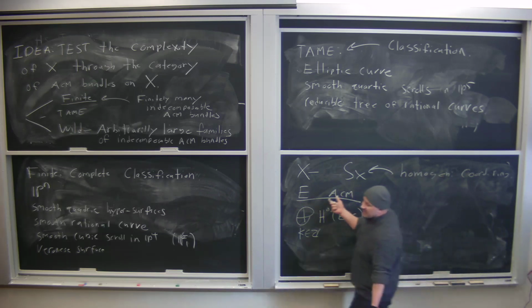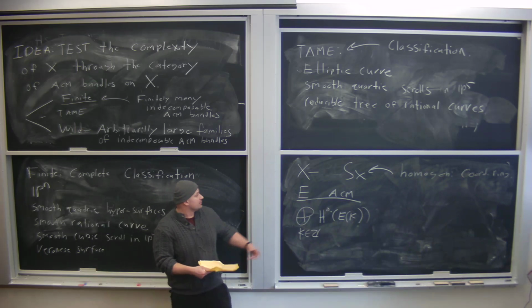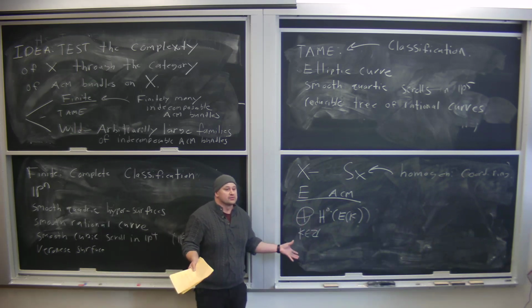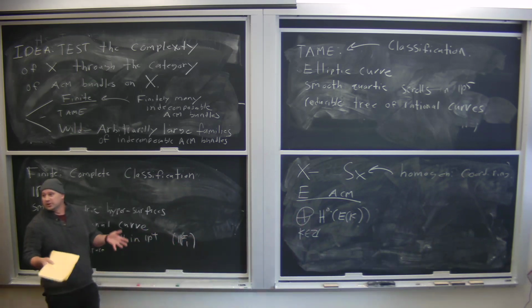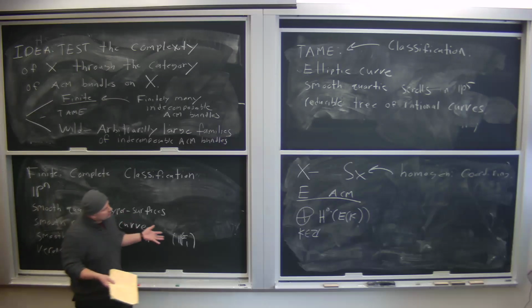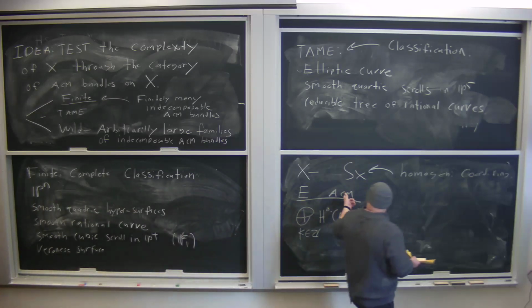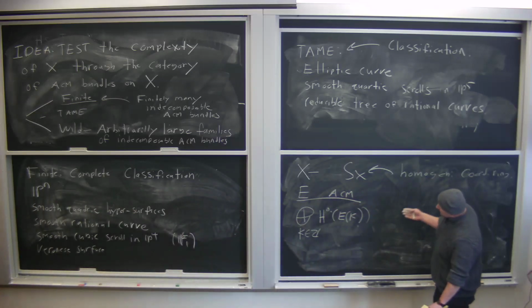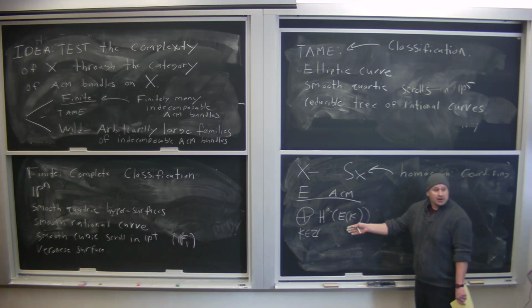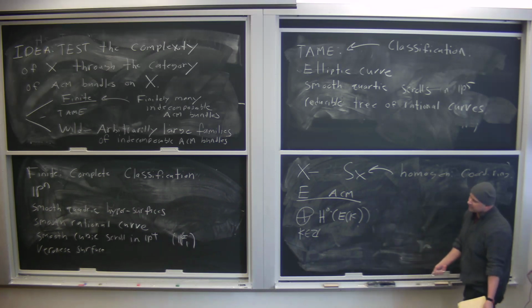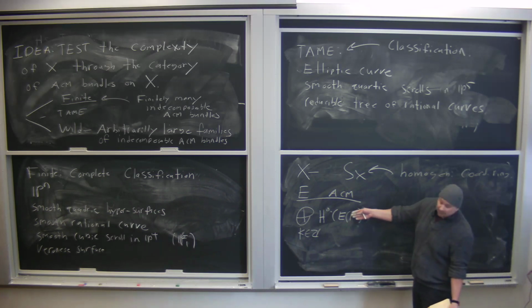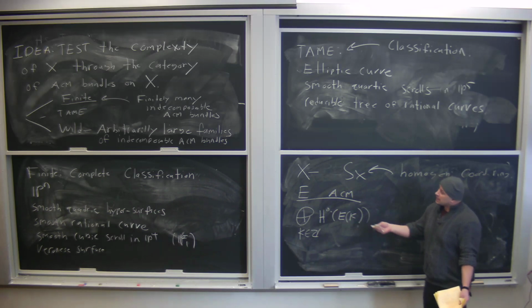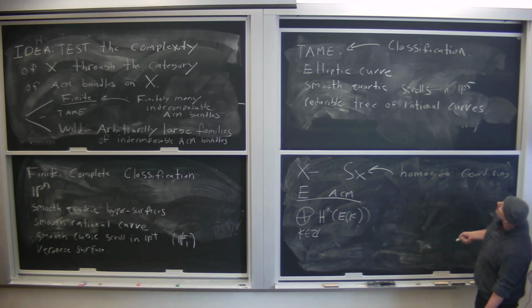And then ACM corresponds to this being an MCM module and vice versa. So that was one of the original reasons for studying this, that ACM vector bundles give you these MCM modules over the homogeneous coordinate ring. So that's where the study from the commutative algebra side came from.